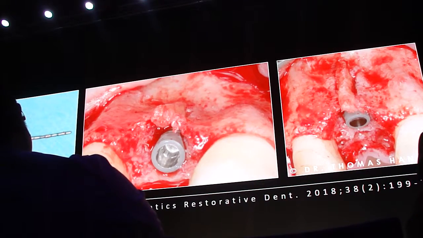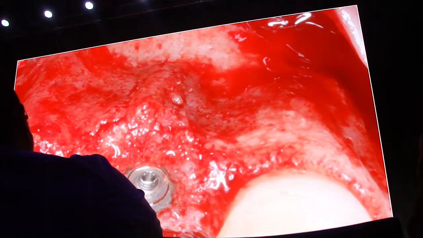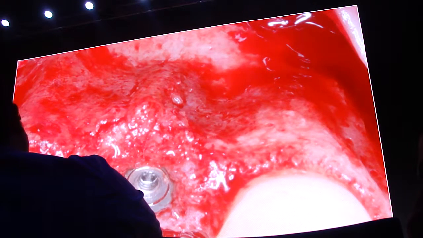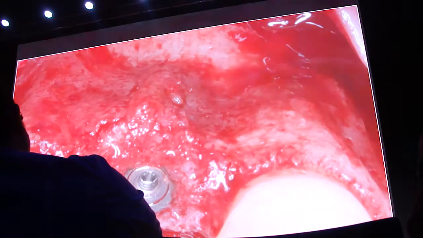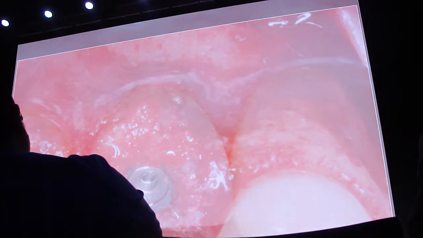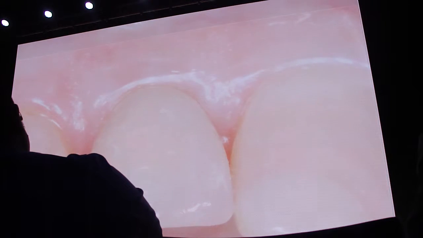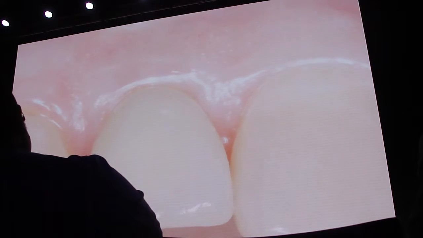So by using this simple technique, we are able to rebuild the missing tissue volume to increase the soft tissue support, to create the natural morphology, to create the natural convexity we would be expecting around a natural tooth.